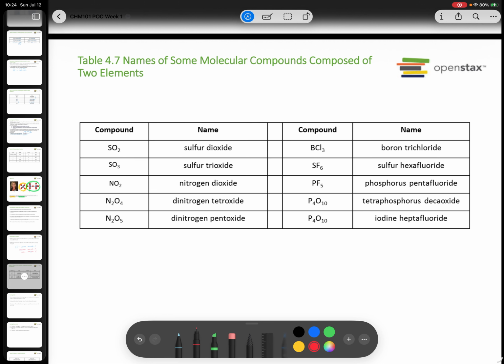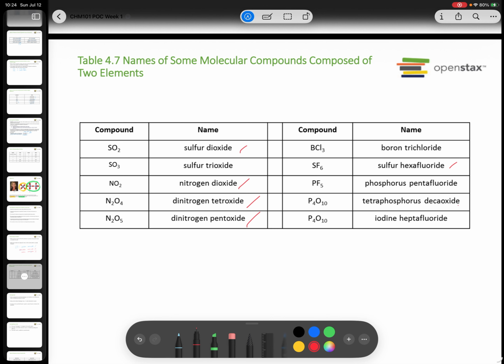Sulfur hexafluoride, okay, kanina, carbon dioxide, nitrogen dioxide, dinitrogen tetroxide, pentoxide, hindi pentaoxide, and hexafluoride, sulfur hexafluoride.